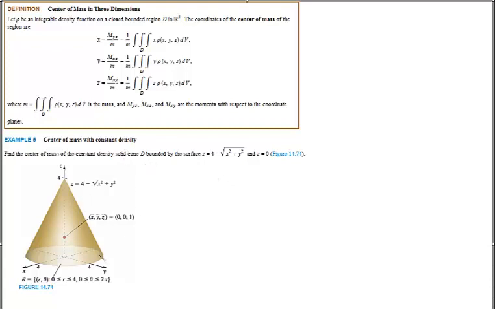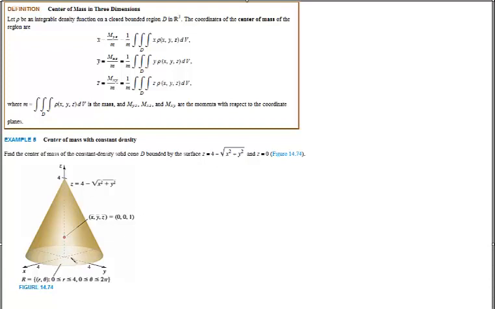I've got this cone, bounded by, or its height is actually 4 minus the square root of x squared plus y squared, and we could integrate with respect to x, y, and z, but let's just use the symmetry of this. Notice that because it's a constant density, because this is a cone, the center of mass on the x-axis is just going to be in the middle of that, at x equals 0.